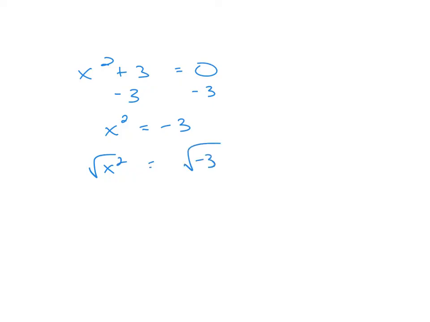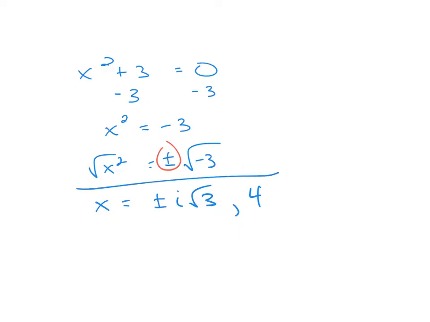We got to remember to add in a plus or minus. That's important, okay? And then we get x equals plus or minus. The negative sign becomes an i, and the square root of 3 cannot be simplified, so we get i root 3. We also have our real solution of 4, which we found on our graph, which gives us our 3 total solutions.